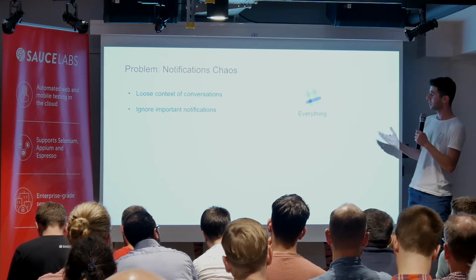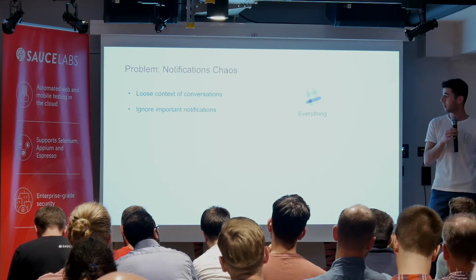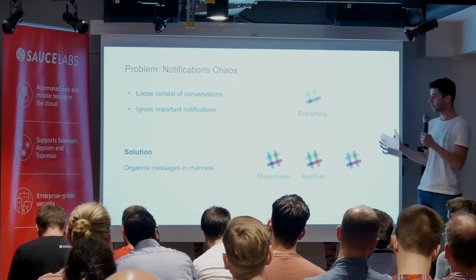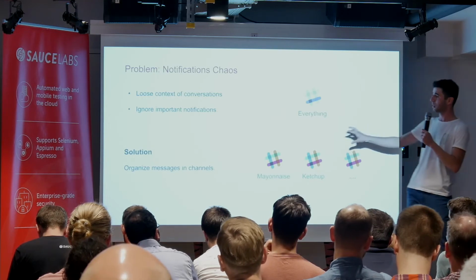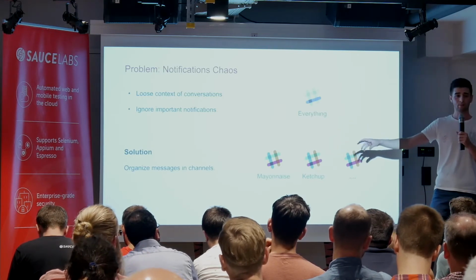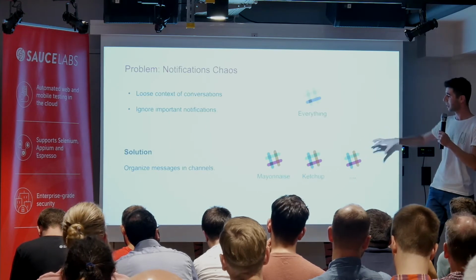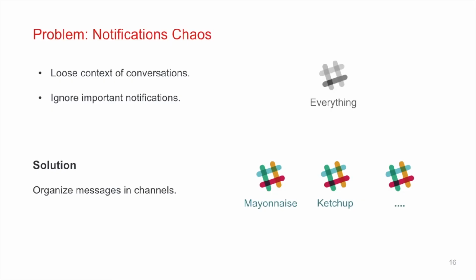For this reason we separated them into groups, or channels. We put some channel for staging test failures, and maybe our main channel for production failures because they are more important, and many others. We just grouped them. We didn't post everything in one Slack channel anymore.